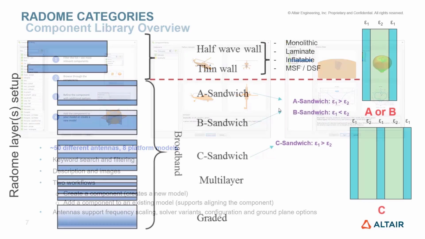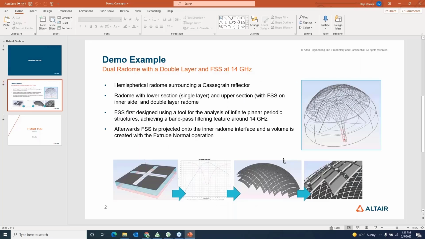Then the session is open for the demo, and I'll be demoing the dual radome with double layer and FSS at 14 gigahertz. The first step is to go over the FSS structure. I would like to consider the unit cell at 14 gigahertz and make sure it's working at 14 gigahertz.